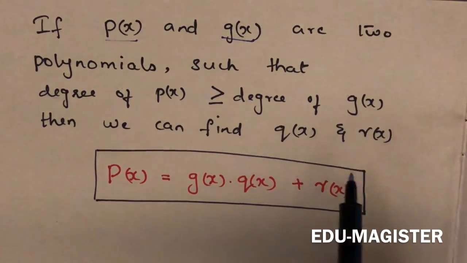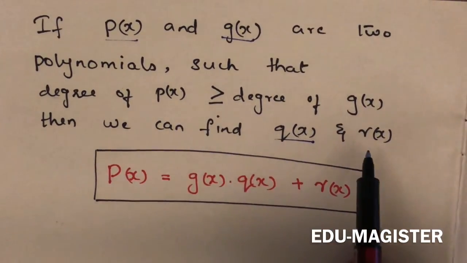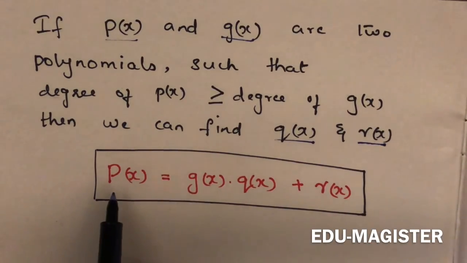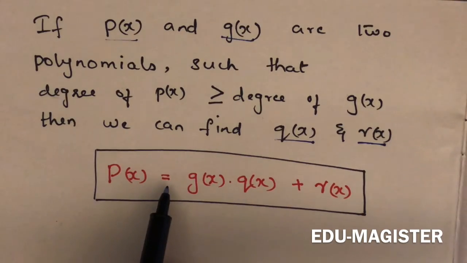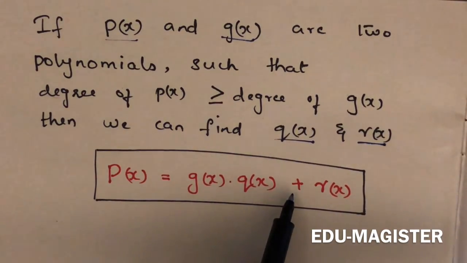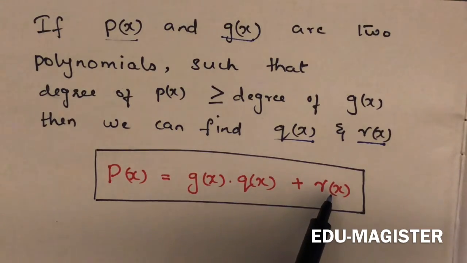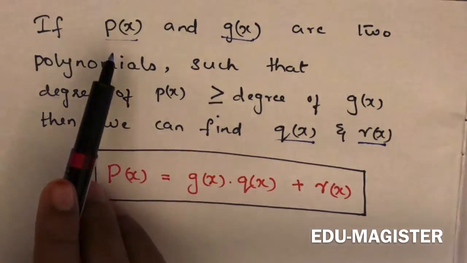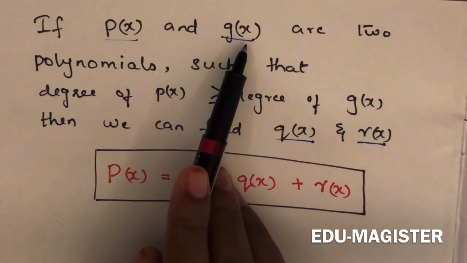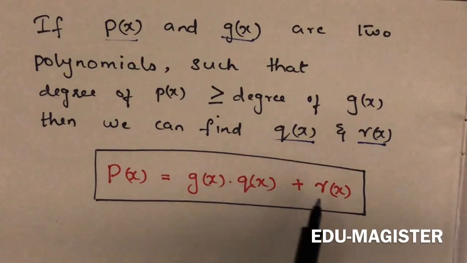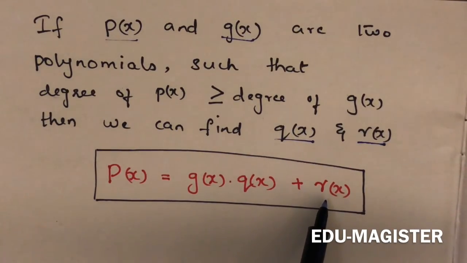Then we can find two other polynomials q of x and r of x, such that p of x will be equal to g of x multiplied by q of x plus r of x. That is, here we are dividing p of x with g of x, right? And q of x will be the quotient and r of x will be the remainder.